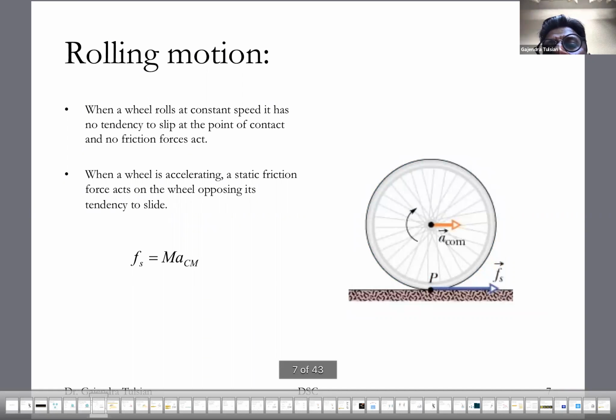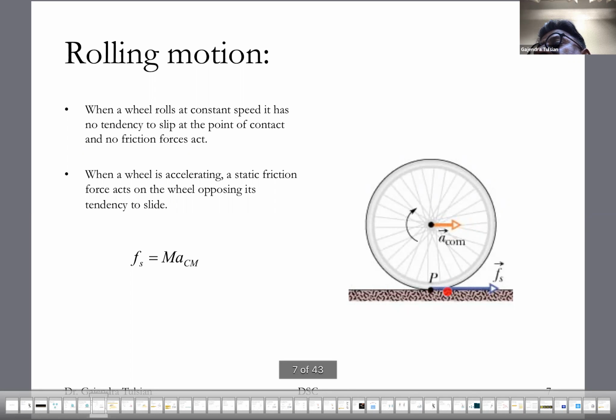Now, here's an interesting slide. Here's a wheel that's shown. This could be a bicycle, and let's say you're accelerating, so your center of mass is accelerating. As the wheel is rotating, the point of contact wants to slip. What prevents it from slipping?